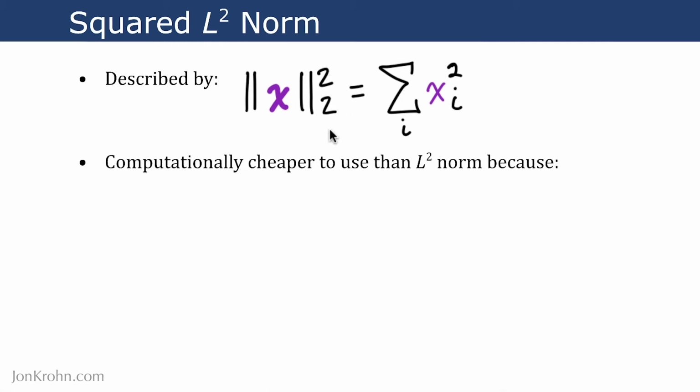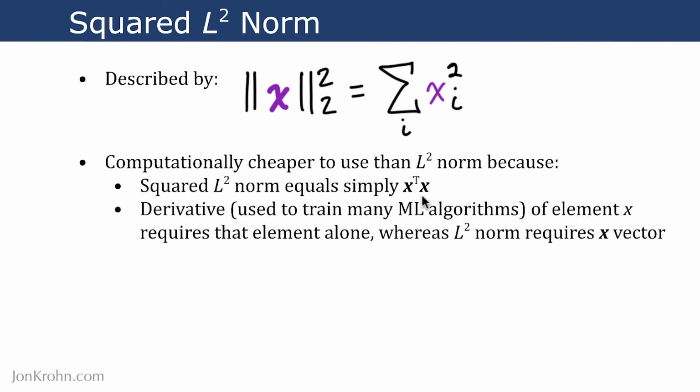This squared L2 norm is computationally cheaper to use than the more common L2 norm because the squared L2 norm equals simply the transpose of x times x. So it's a very simple, cheap operation to calculate.